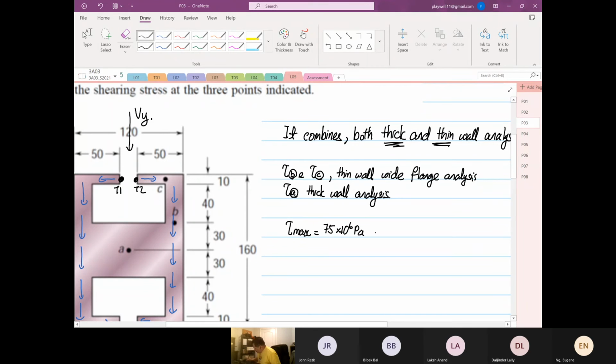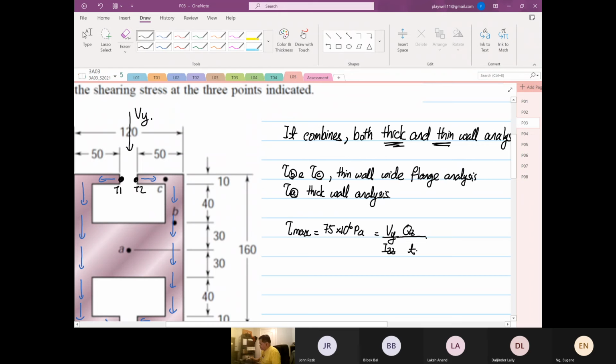That's given, and this will be equal to Vy over Izz, Qz, divided by T. Okay, sorry. I wouldn't call it Qz max, but Qz at a certain point divided by T. Okay.